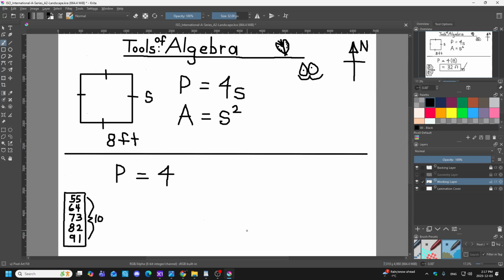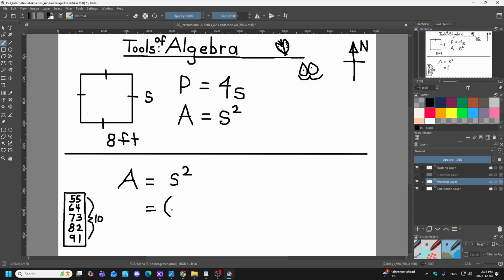Let's solve for the area now. s squared, I'll rewrite it. Substituting, using brackets because we have an exponent.